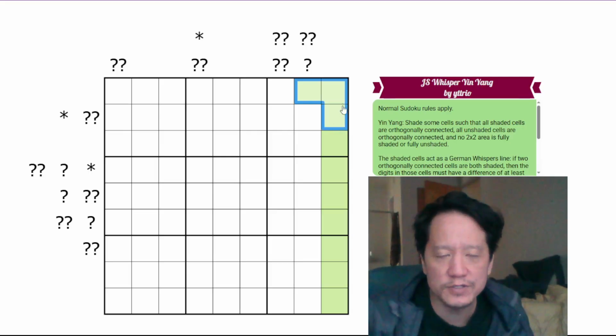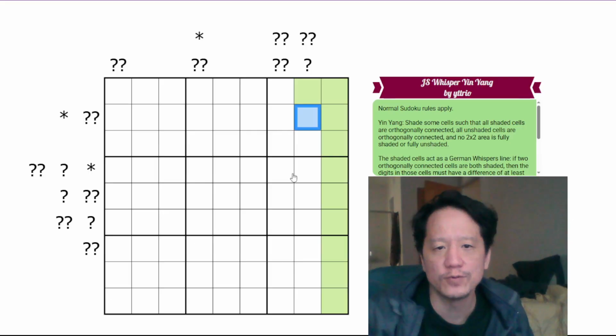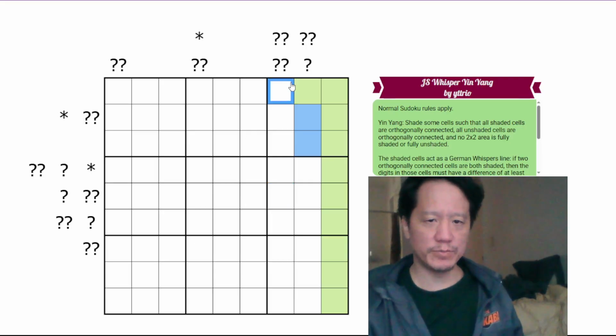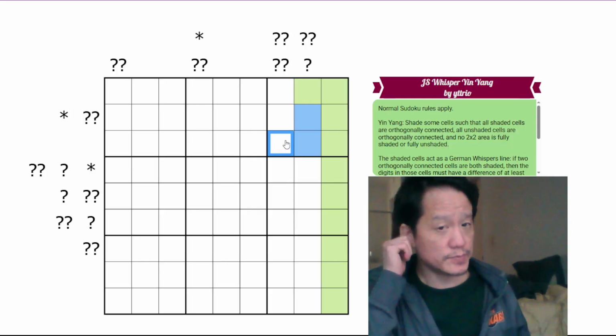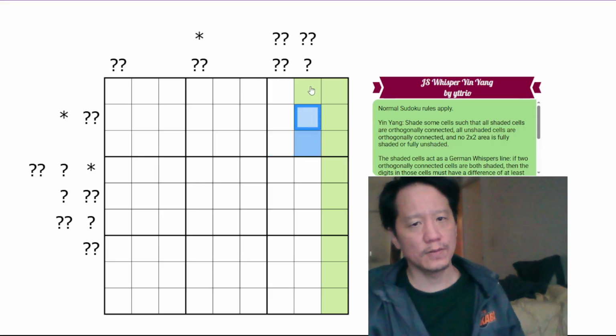Therefore, we have 3 cells in the 2x2 area, none of which are shaded. So this must be shaded here. Since this is shaded, this is guaranteed to be a 2-cell shading here. This could be shaded here if this is unshaded. That is possible. This could be green.